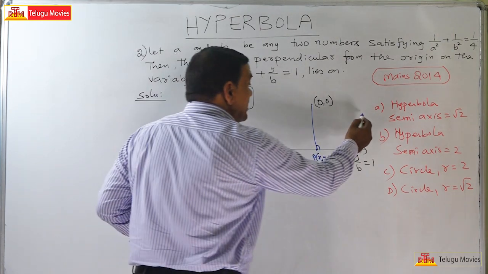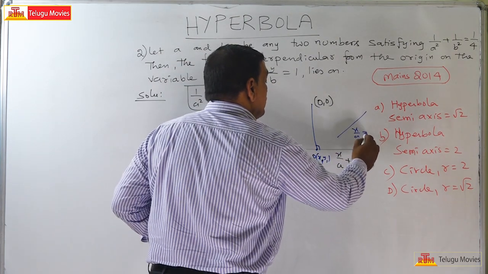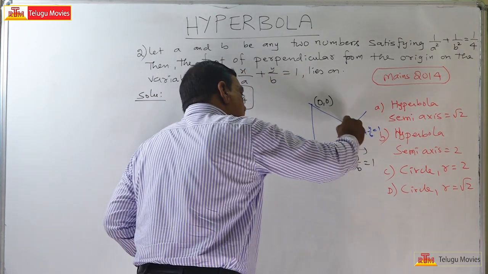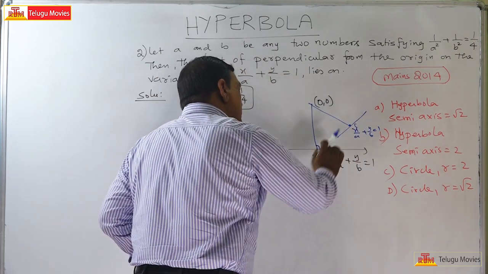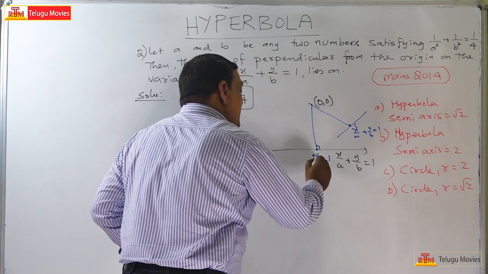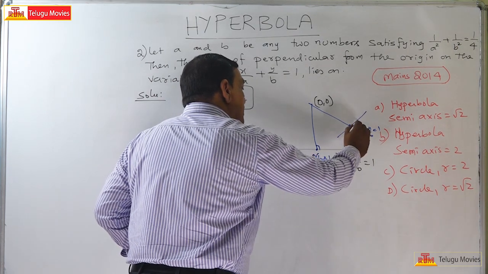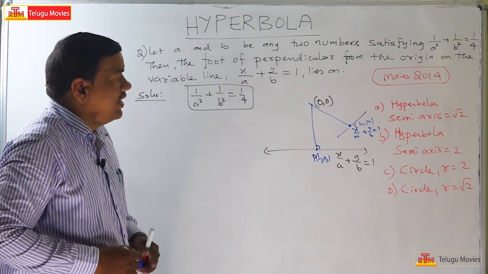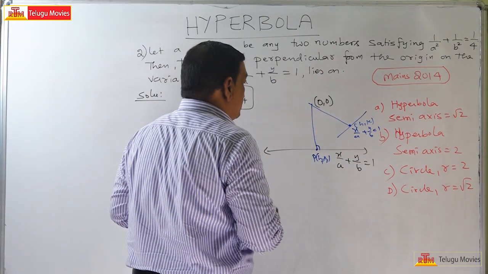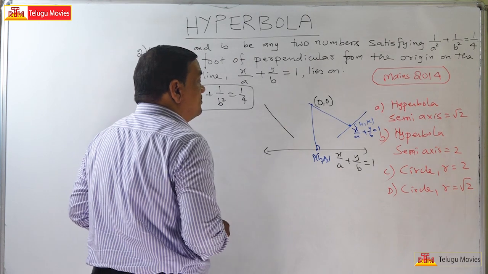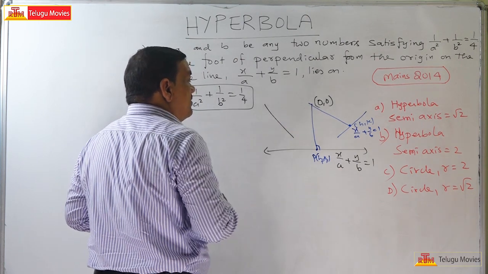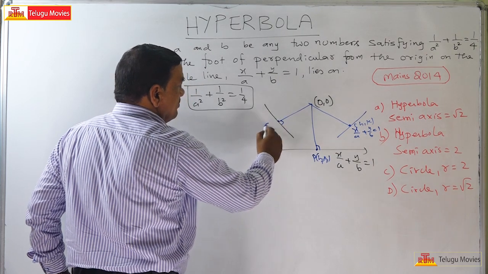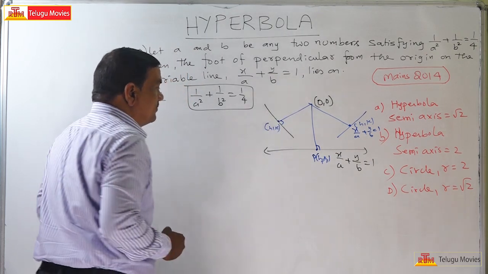If the line comes this way, x by a plus y by b is equal to 1, then this will be the foot of the perpendicular. Let us call this foot of the perpendicular h comma k, a point in the locus. If the line comes here, then this will be the foot of the perpendicular h comma k.